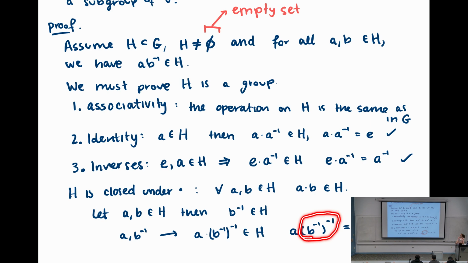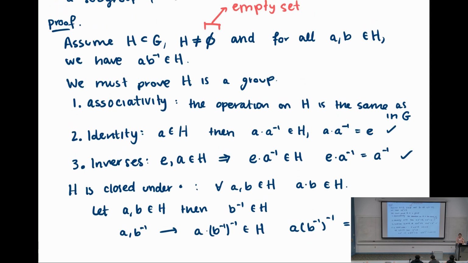We showed that inverses in groups were unique, and we already know that B times B inverse is equal to the identity, which means that B is the inverse of B inverse. So if I apply a -1 to that, then that has to just give me back B. Okay, so that completes the proof.